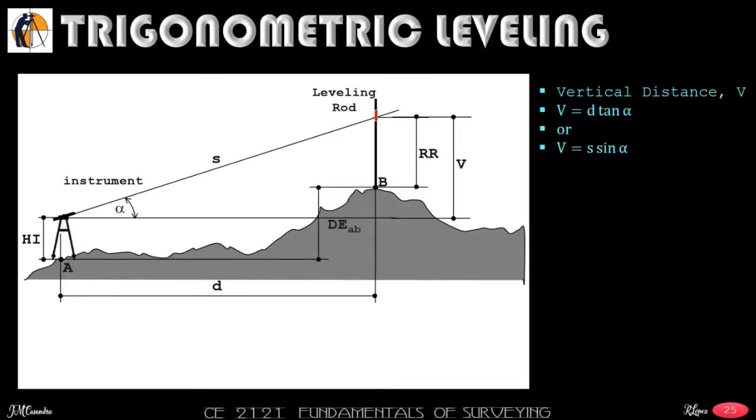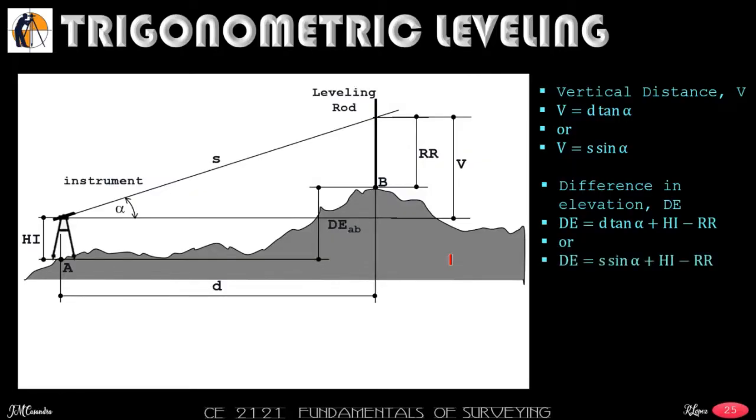And then we will have your difference in elevation between A and B. So the difference in elevation between points A and B can now be computed as D tangent alpha, or that's the vertical, plus your height of instrument minus your rod reading. Or it can also be computed as S sine of alpha plus HI minus rod reading.